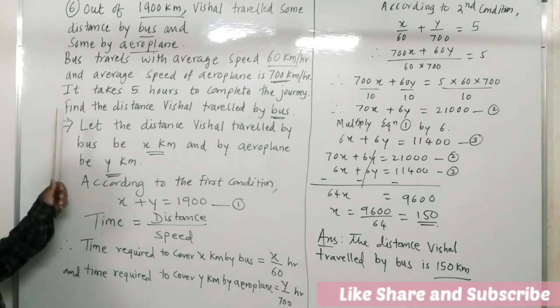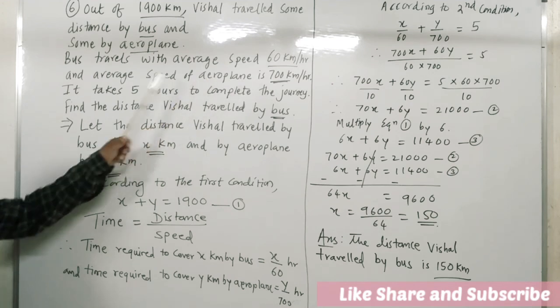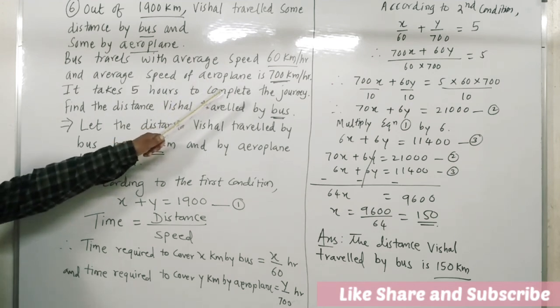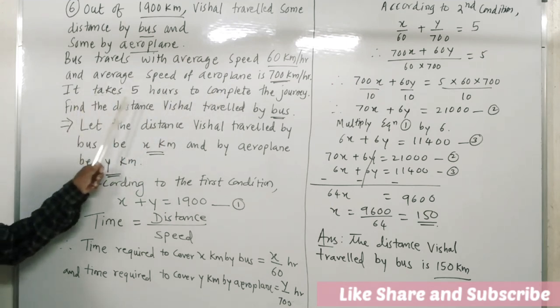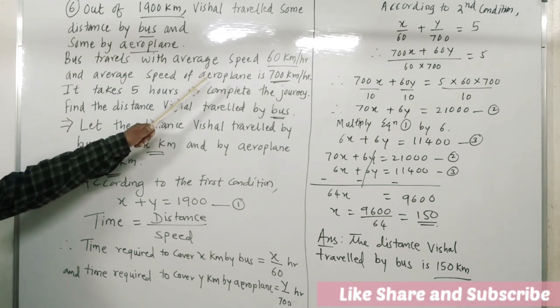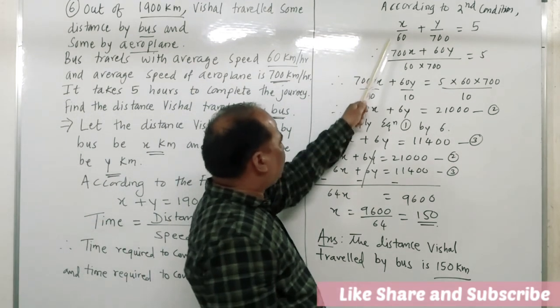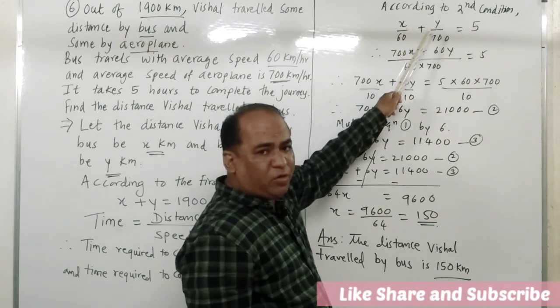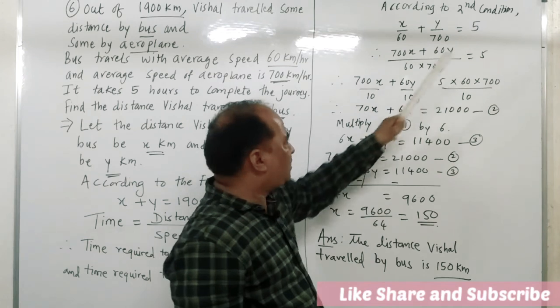According to the second condition, the speed of the bus is 60 km per hour and the speed of the aeroplane is 700 km per hour, and it takes 5 hours to complete the journey. So x upon 60 plus y upon 700 is equal to 5. The total time is 5 hours.